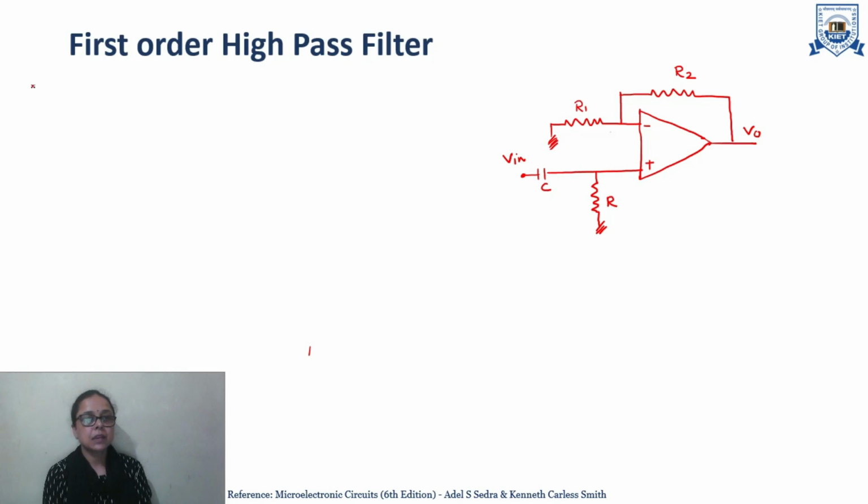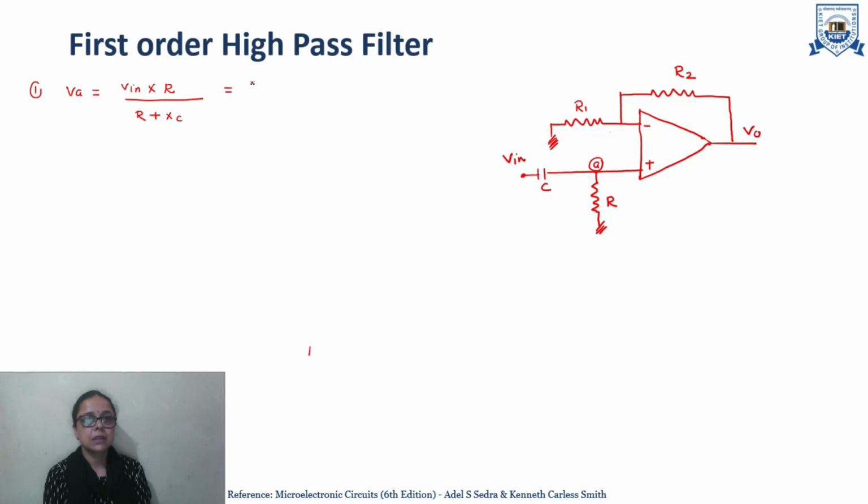Now, coming to the analysis we will start by calculating this node voltage A, that is VA. So, VA voltage will be equal to V in voltage multiplied by the resistance across which we want to calculate the voltage, divided by R plus impedance of the capacitor.